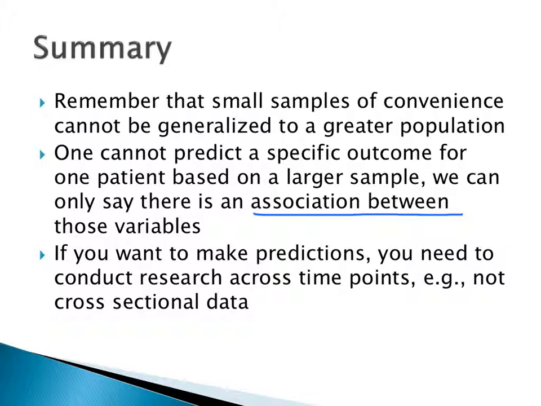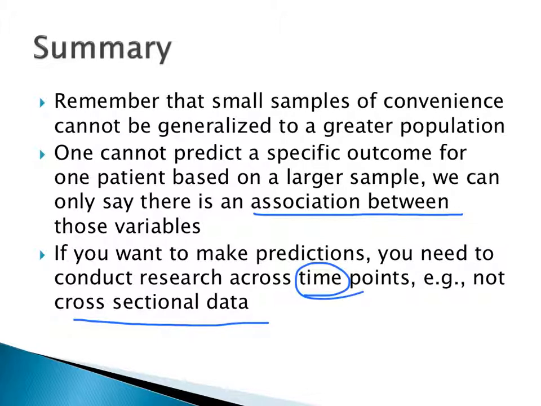If you want to make predictions, you need to conduct research across time. Very important, not cross-sectional data. I can't tell you how often I hear people say that one variable predicts another. Even very educated PhD type folks will say that using cross-sectional data.